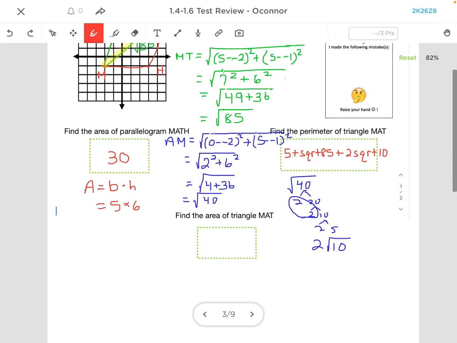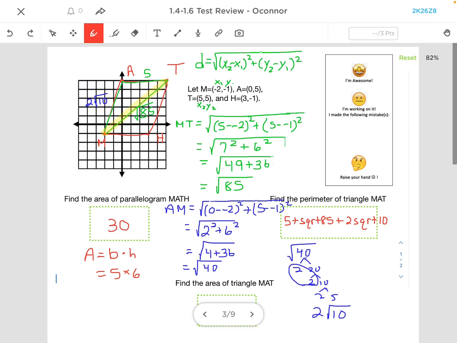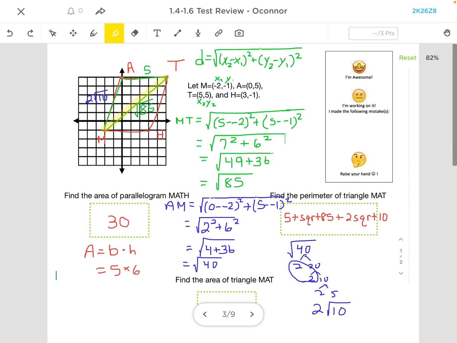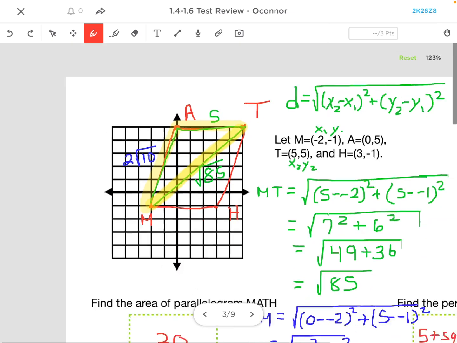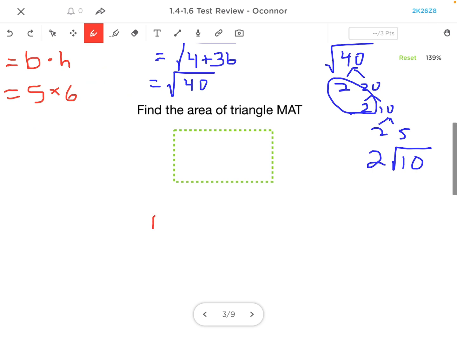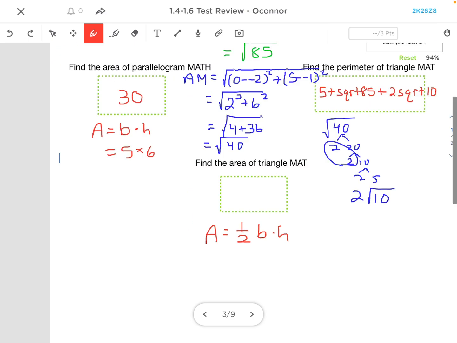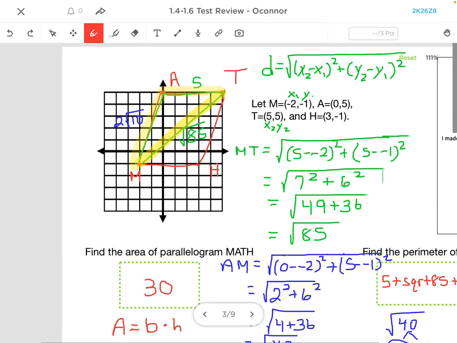Now last, we also have to find the area of triangle MAT. Now the area is easier than the perimeter, because remember, to find the area of the triangle, and we're focusing on triangle MAT, so that is that triangle. The formula for the area is 1/2 the base times the height. And so I can use any vertical or horizontal line as the base. So I'm going to use 5 as the base.